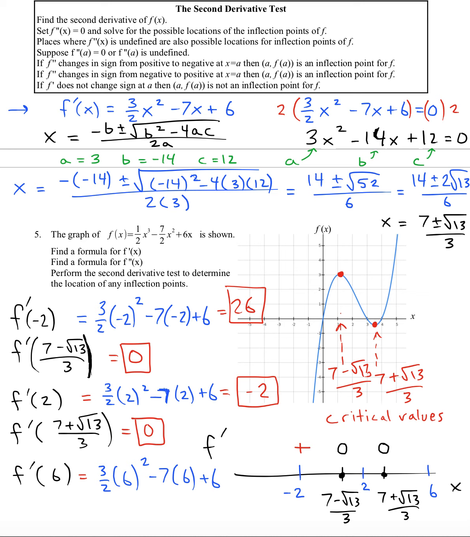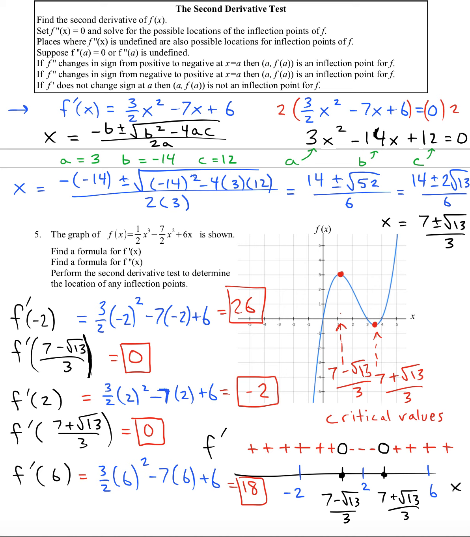Comes out to 18. All right, so we found a negative sign between the critical values, and we found a positive sign to the right. If we wish, we can go ahead and fill in the entire region here. It's all going to be uniform between the critical values.